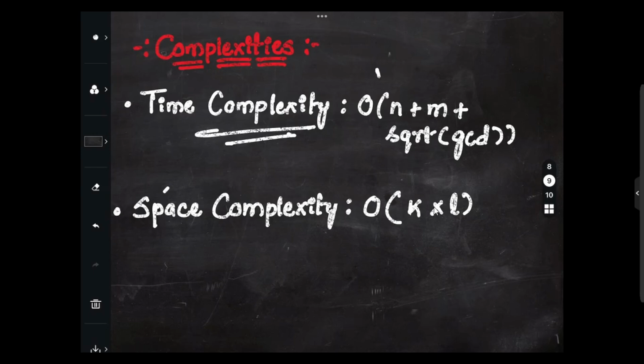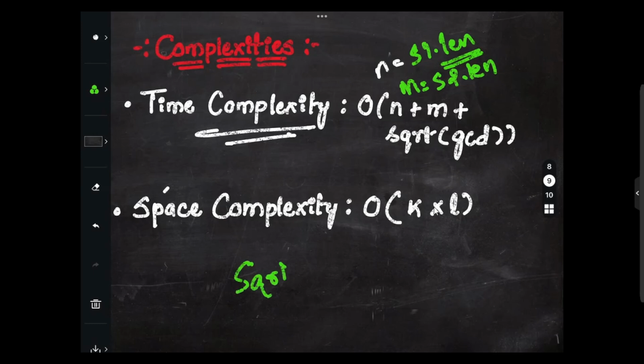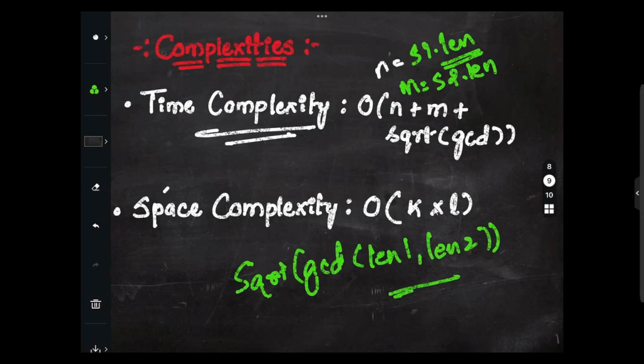Here n is nothing but the length of S1. M is nothing but S2 dot length, means length of S2. So we will check up to square root of GCD of length 1 comma length 2 in this case, right?